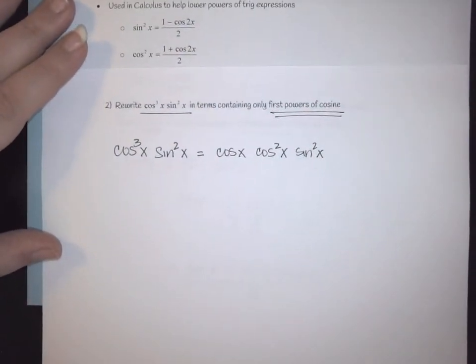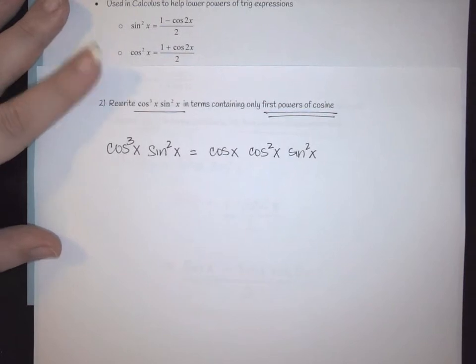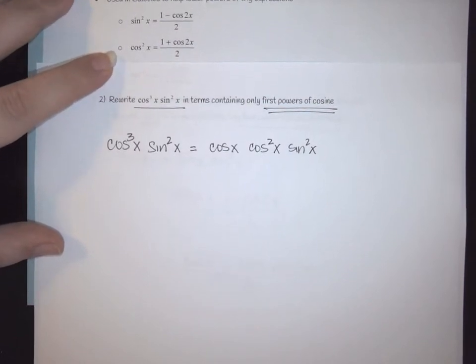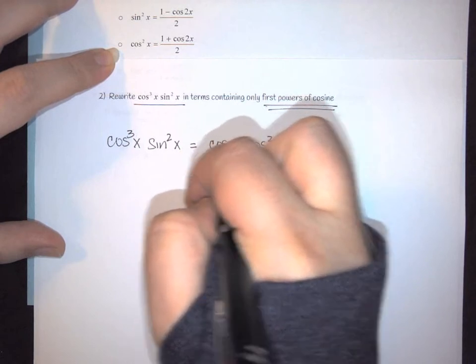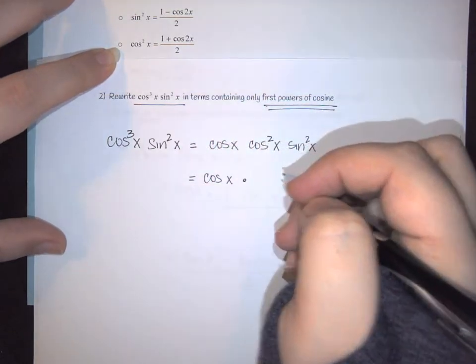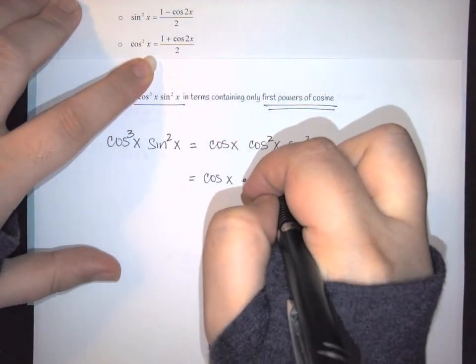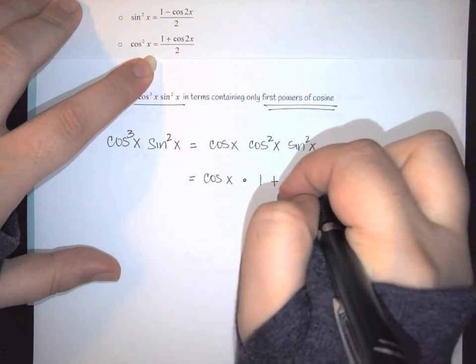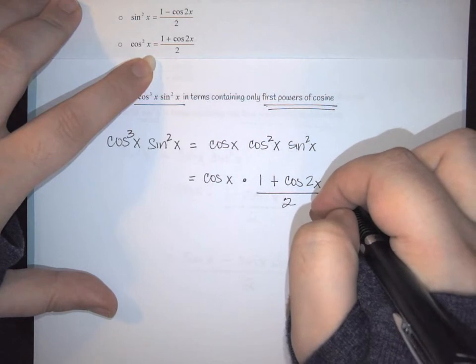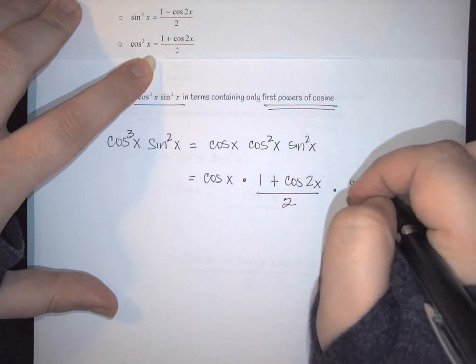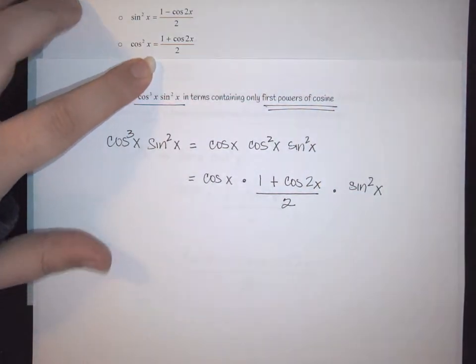We're going to use this cosine squared identity, which says I'm going to now add instead of subtract. So this is going to become my cosine of x, multiplied by 1 plus the cosine of 2x all over 2, and then I'm going to multiply this by the sine squared of x.